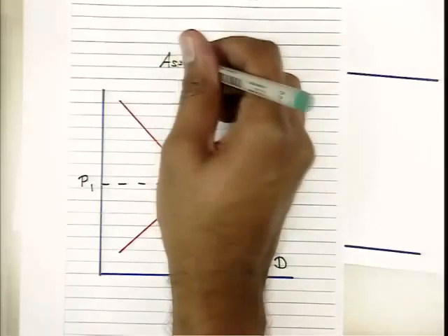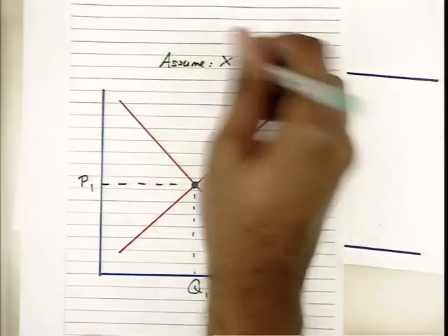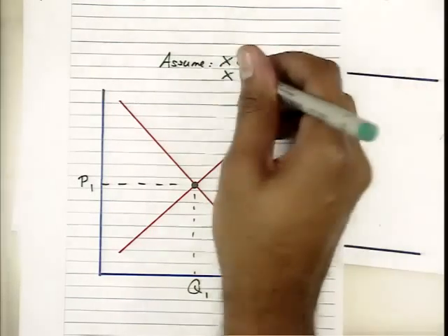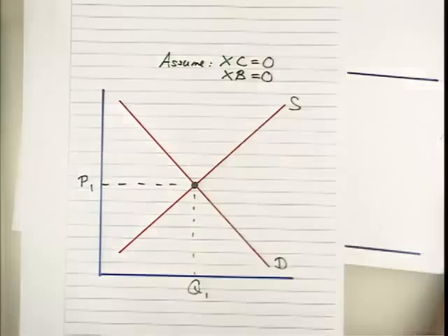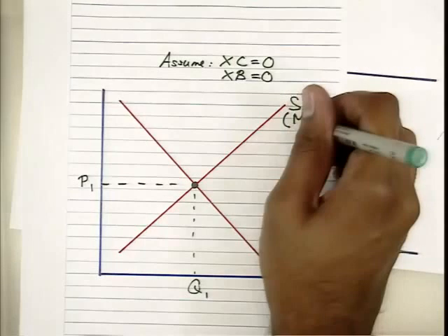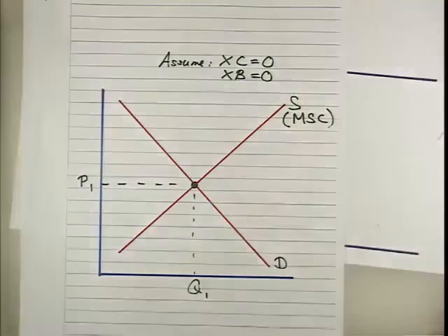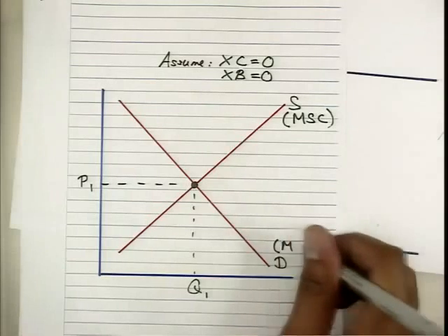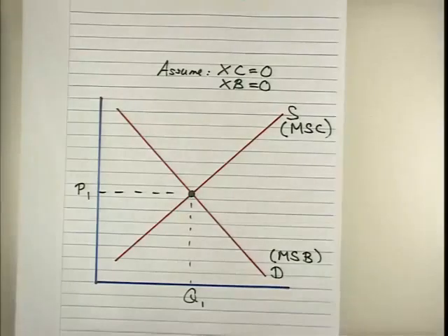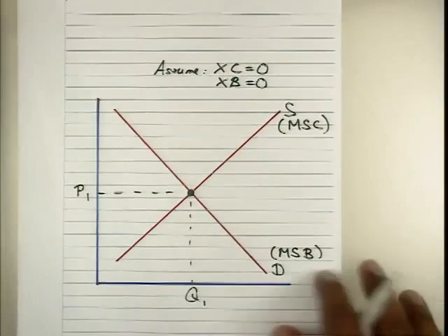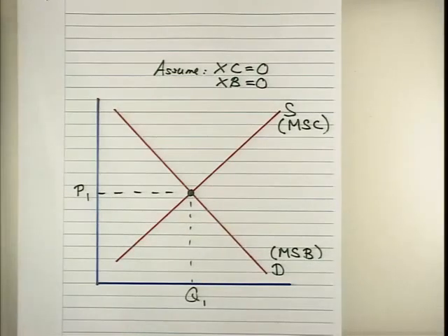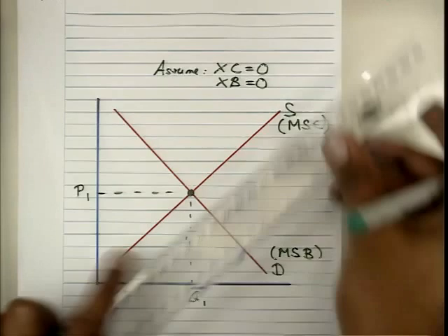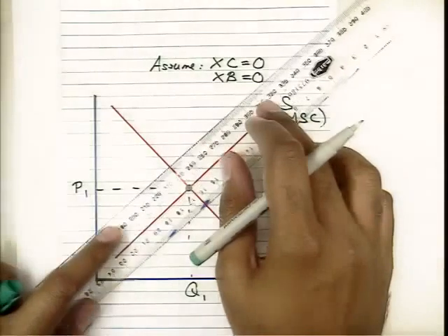Just to remind ourselves, there are no external costs and no external benefits, so the supply curve is already the marginal social cost curve, and the demand curve is already the marginal social benefit curve. Imposing a per unit tax will increase the marginal cost, so it will shift that cost curve upwards.